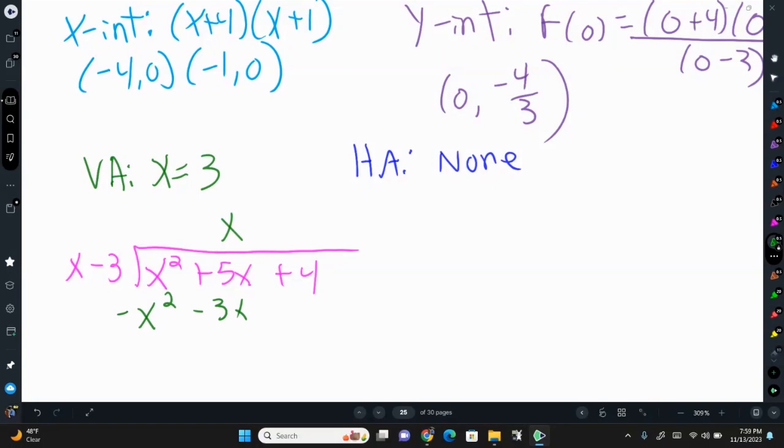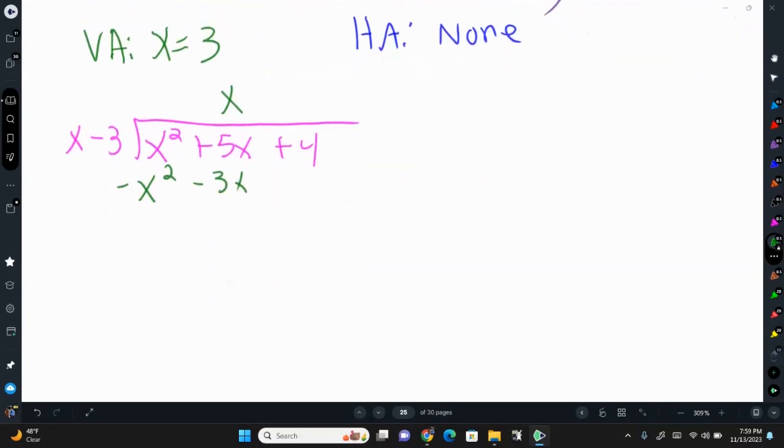Then we subtract. This will give us 8x, and then we bring down the positive 4. All right, x goes into 8x 8 times. So then we get 8x minus 24. And then when we subtract, we get positive 28 as a remainder.